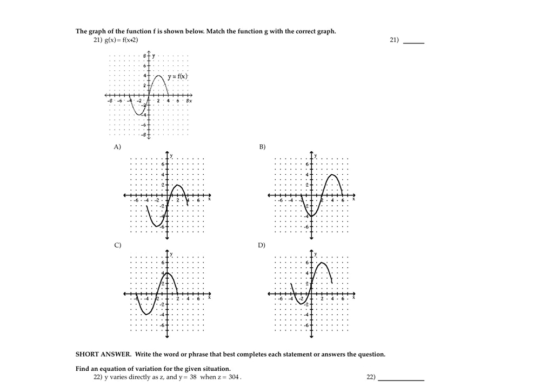Okay, 21 is just a matching, or a multiple choice. When I have x plus 2 on the inside of a function, what direction is that going to shift it? Left 2, okay, because it's on the inside, okay? And so you don't necessarily have to write this here because it's a multiple choice question, but I'm going to write left 2 here just so I know that I'm moving my graph left 2.